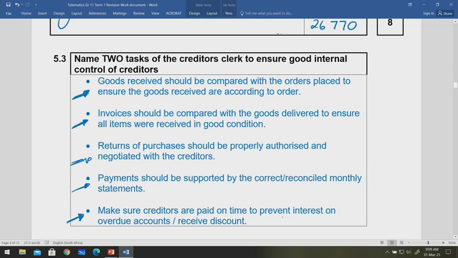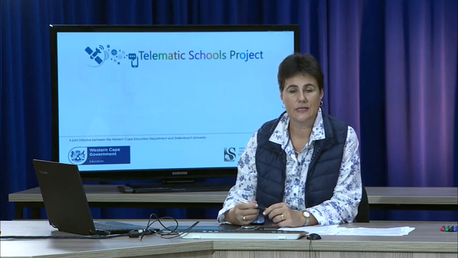Why? We don't want to pay interest. If we pay well in advance, we can receive discount, and that is what we want to go for. We want to go for the discount received and not the interest that we have to pay on an overdue account. Okay, that will be creditors reconciliation.